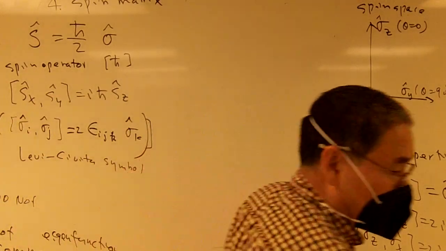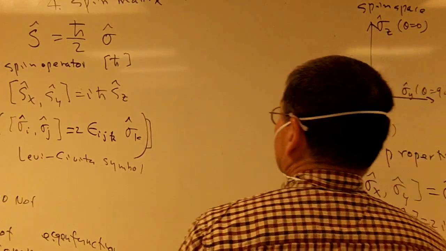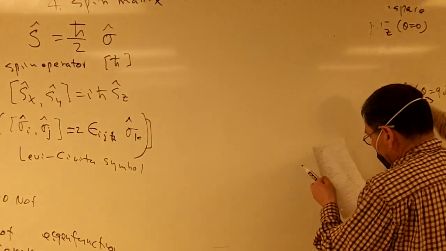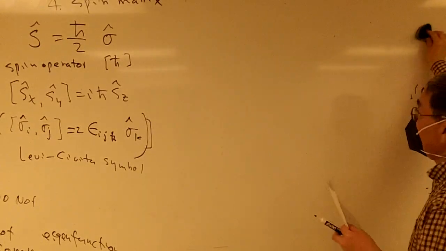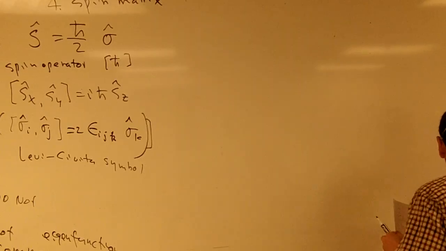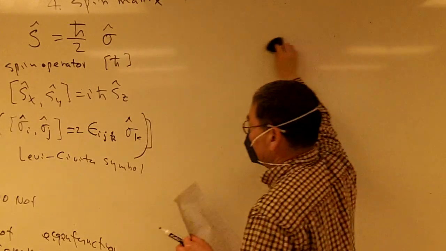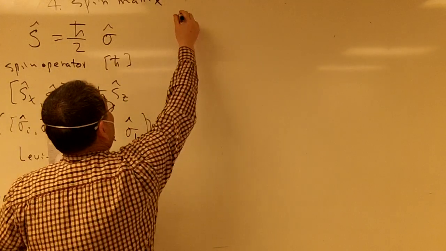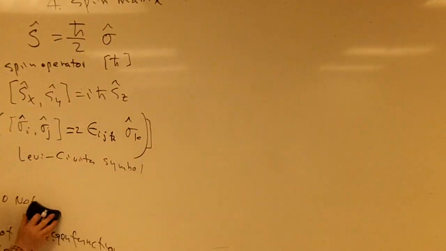Now, what we want to show you is the next part. Once we have a spin matrix, we will have its eigenfunctions available. But before we do that, I want to give you all the equations that are necessary at this time. So I want to show you additional equations, which I'm going to write over here. Let me write down here, it will be better.